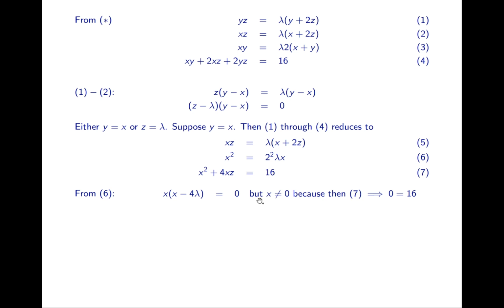Now, of course, x is not 0 because, 1, that would give me a box with 0 volume, which is just silly. But also because if x were 0, then equation 7 would imply that 0 is equal to 16. And let me assure you, as an expert, that 0 is not equal to 16. So that means x is equal to 4 times lambda.